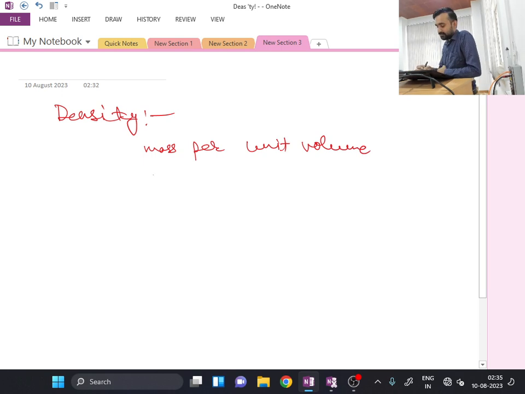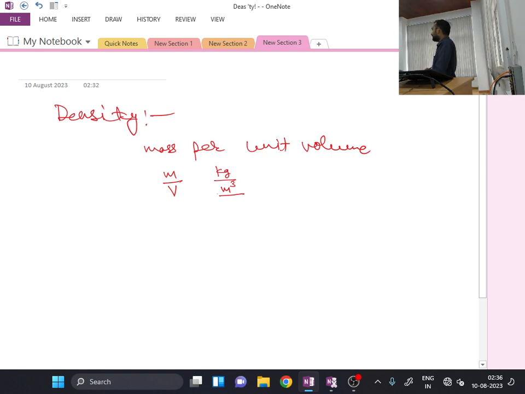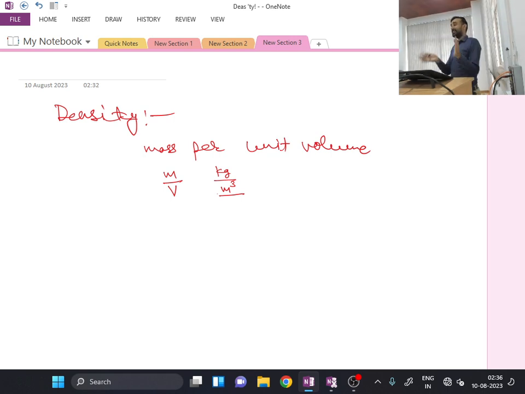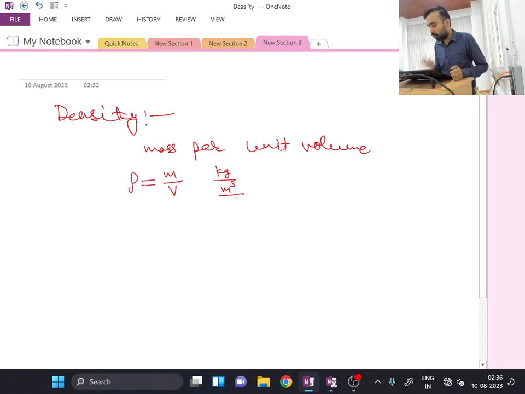Now, as it is mass per unit volume, like m by v, its unit will be, mass is having unit kg and volume is having unit meter cube. So in the SI system of units, the unit of density is nothing but kg per meter cube. Okay, so this is a very generic definition of the density. Typically, density is represented by symbol rho. So rho equal to m by v.